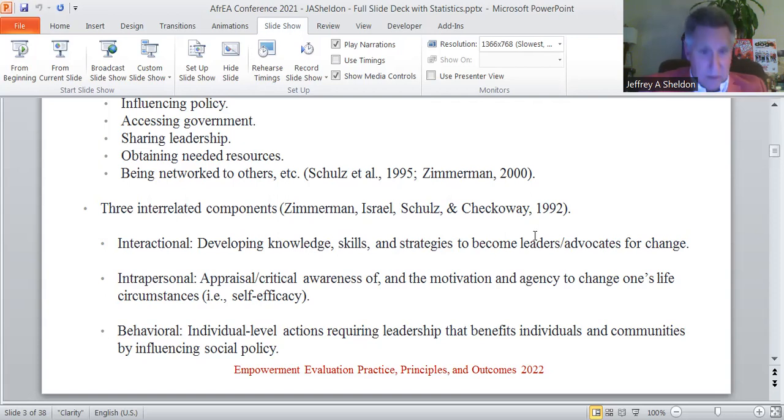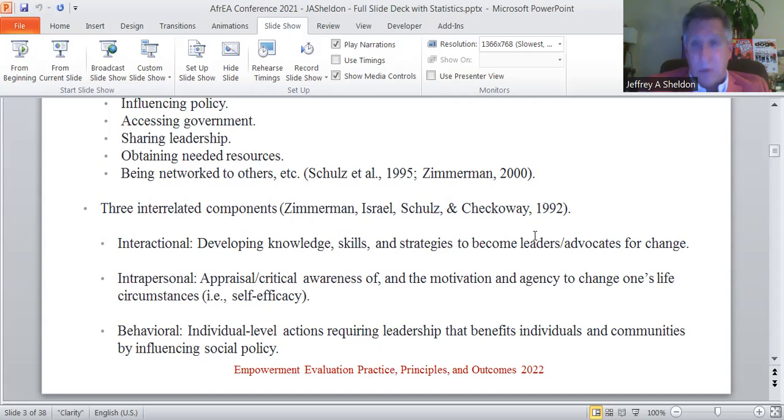And then there's a behavioral component, and this is where, at an individual level, but needing some kind of guidance, some kind of leadership, we're able to take actions that benefit not only ourselves, but other individuals and the community in which we live, by influencing policy. So there's this interactional component, when we develop knowledge and skills about something, perhaps about creating social policy.